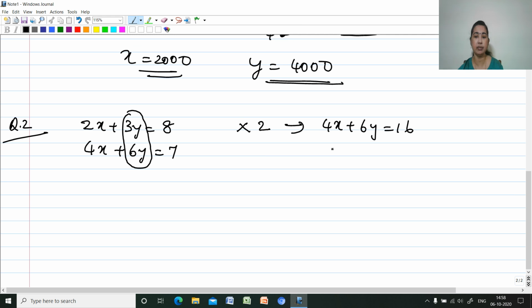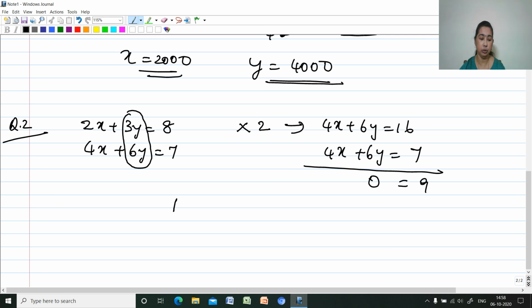The second equation we don't want to change, so 4x plus 6y is equal to 7. Solving this, we will not get the value of x or y. Subtracting, we get 0 is equal to 9, which is a false statement. Therefore, there is no solution.